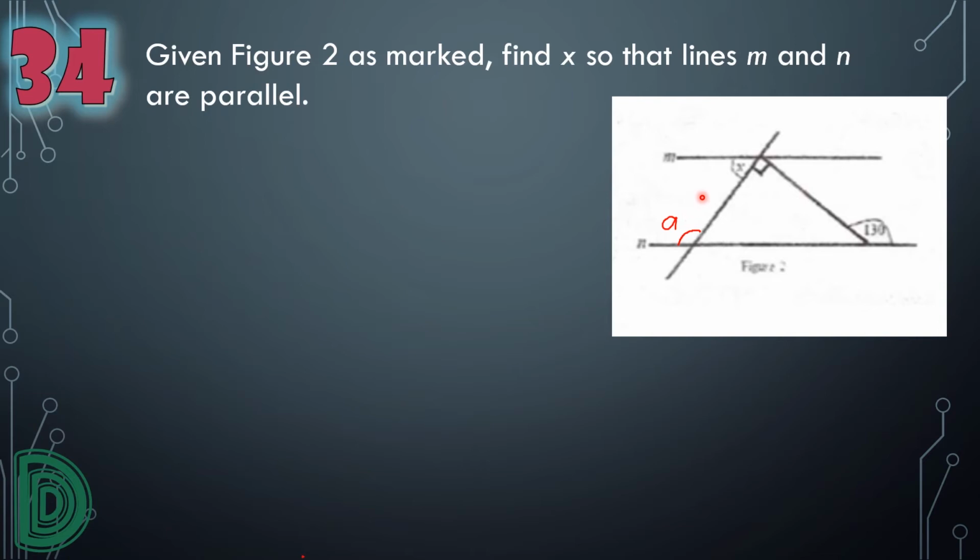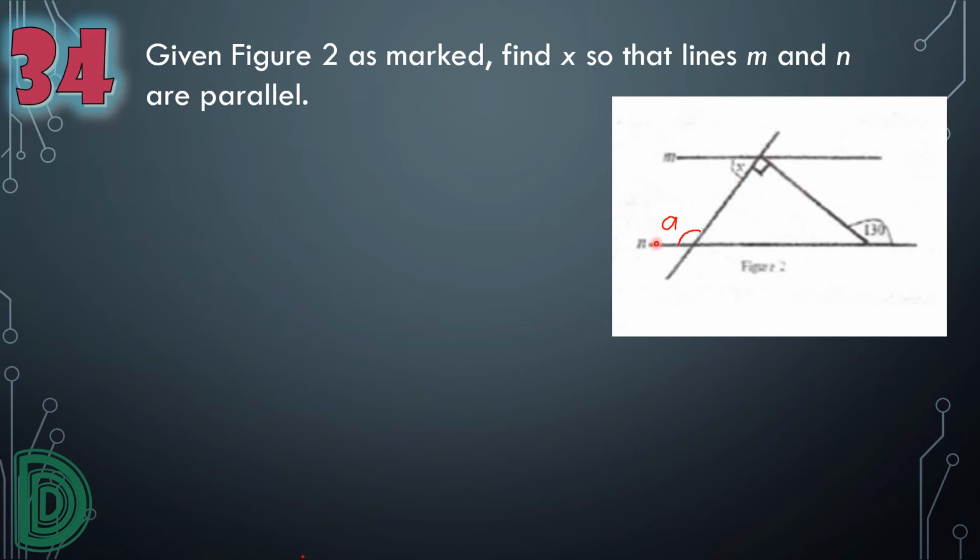The converse of the same-side interior angles theorem states that if two lines are cut by a transversal and same-side interior angles are supplementary, then the two lines are parallel. So M is parallel to N if A plus X equals 180.